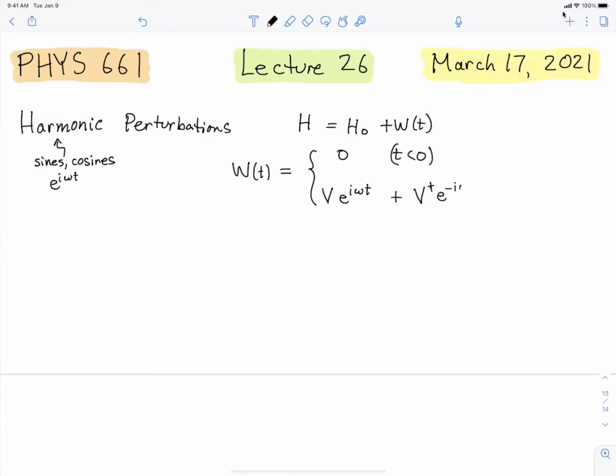But if the Hamiltonian is going to be Hermitian, which it has to be, then that means that the second thing, which I've written as V dagger, has to indeed be the Hermitian conjugate of the first thing, just so that when I take the Hermitian conjugate, I get the same thing back. So that's going to be the Hamiltonian for t greater than or equal to 0.